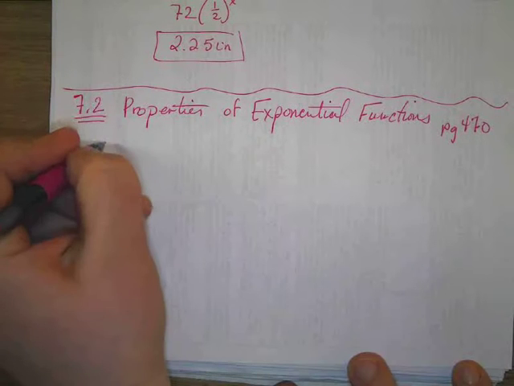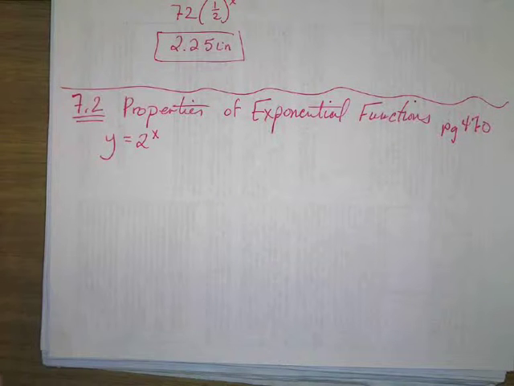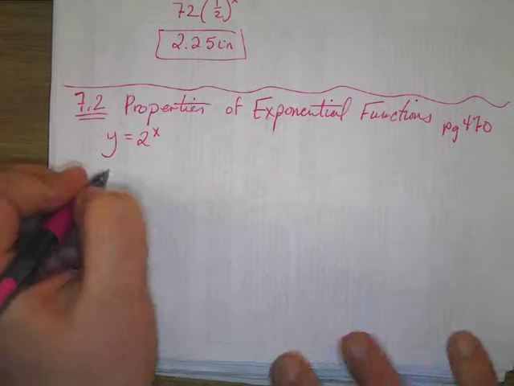So if I told you we started with this function right here, y equals 2 to the x. It's an exponential function, right? Let's graph it. So let's make our table.